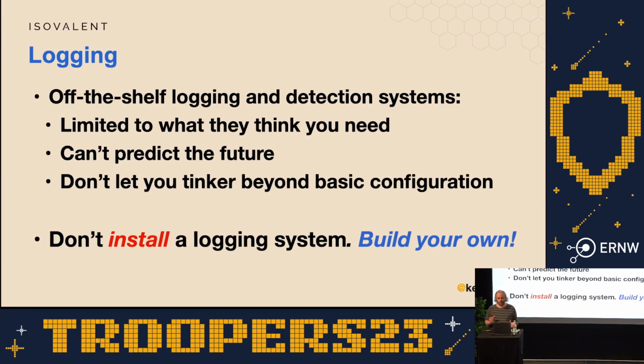So my argument, and the argument that I want to get across today, is don't buy a logging system, don't install a logging system, but build your own logging system. If change is the only constant, not the rate of change, but change itself is the only constant, and everything is changing every day, then why are we using logging systems that aren't changing? Or that you can only change within a small amount of parameters. You should be able to change your logging system every time something new happens, which could be kind of daily.